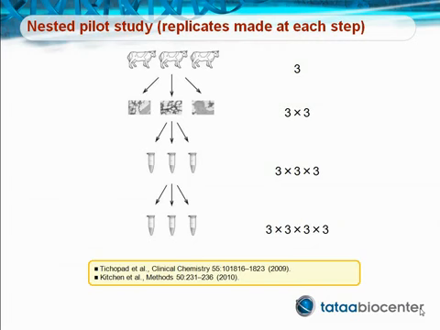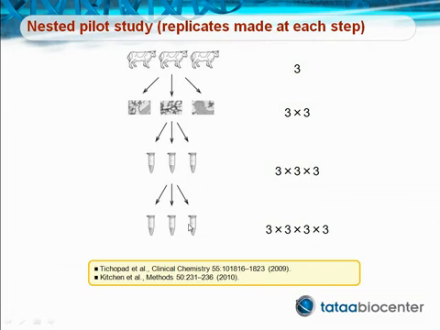A good strategy is to perform a fully nested pilot experiment before any important study, starting with a small number of subjects, collecting multiple samples from each subject, and then splitting each sample into aliquots after each important processing step. It is possible to estimate the variance contributions of the different steps.